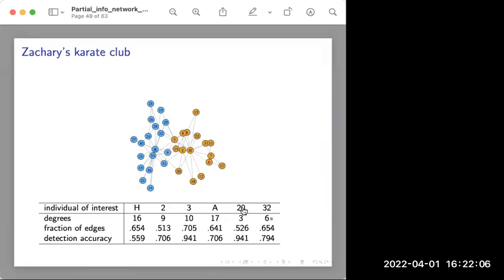Instead, node 20, which only has 3 edges, does an almost perfect job in telling the global community membership. A closer inspection of the connections around node 20 shows that it's connected to both A and H, which coincides with our earlier theoretical analysis that if you are connected to powerful neighbors, then you have better information about the global community structure.